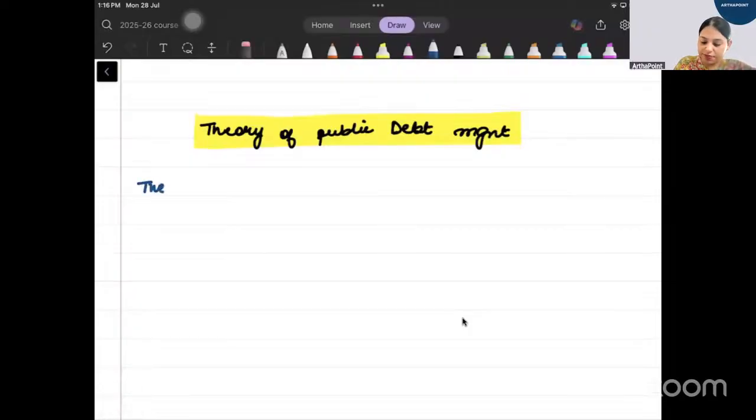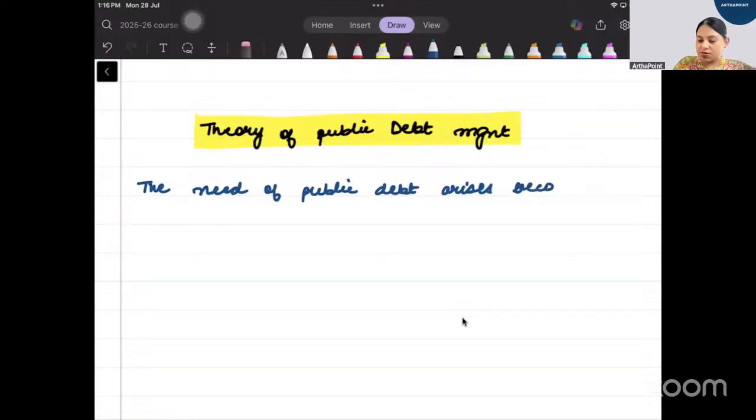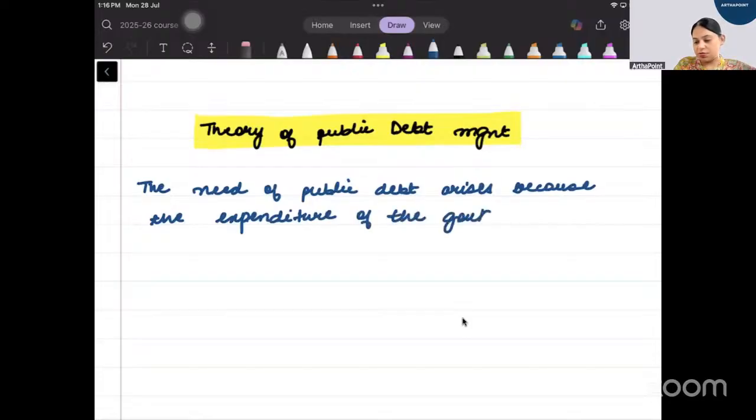The need of public debt arises because the expenditure of the government is more than the revenue, right?